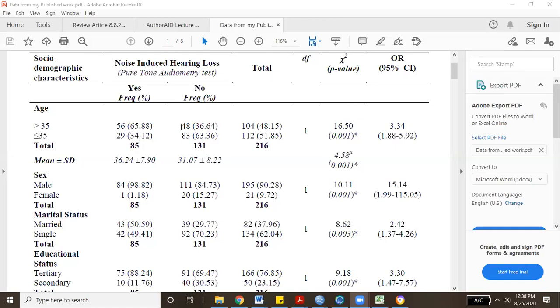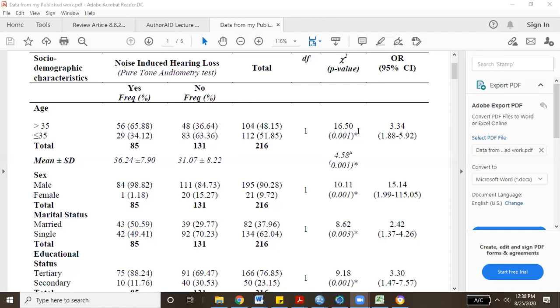And what is my evidence? The chi-square. My chi-square is 16.50 and my p-value is 0.001, which is less than 0.05. So we can see here that music instrumentalists older than 35 years will significantly have more noise-induced hearing loss compared to those that are 35 years and younger.